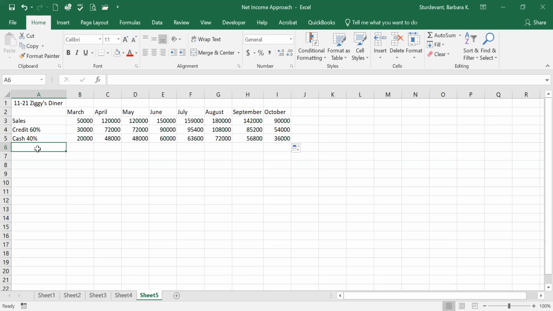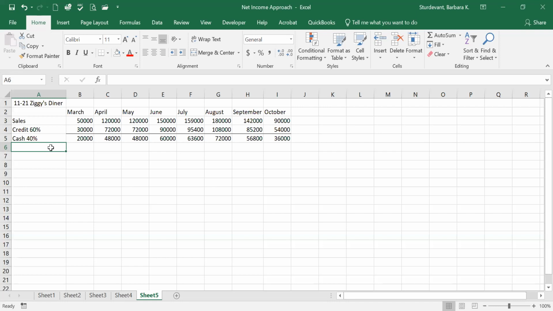Okay, so we know the credit sales are going to be split to when they become cash. And so I'm going to draw a line under my credit sales, because when I go to add my columns, I want to make sure I don't add those in. I'm going to add in when they've been converted to cash.